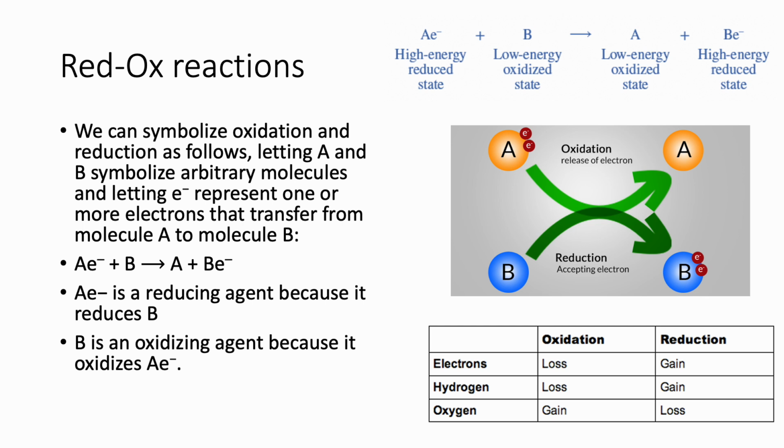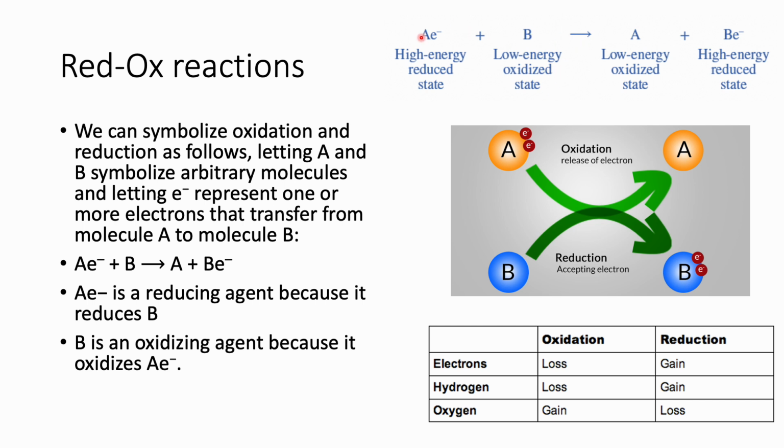We can symbolize oxidation and reduction as follows, letting A and B symbolize arbitrary molecules and E represent the electrons being transferred. Here we see A with its electrons and B, this is the reduced state because it has an extra electron, so it gained it. You have a low energy oxidized state.